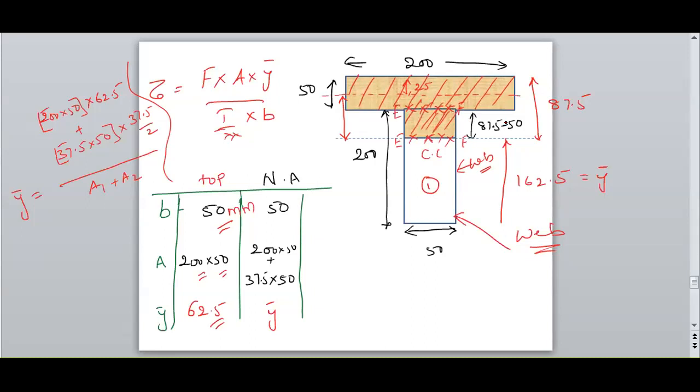I need the total shaded area. Therefore, the total area is A1 plus A2, where A1 is 200 into 50, and for A2 I need the remaining depth.